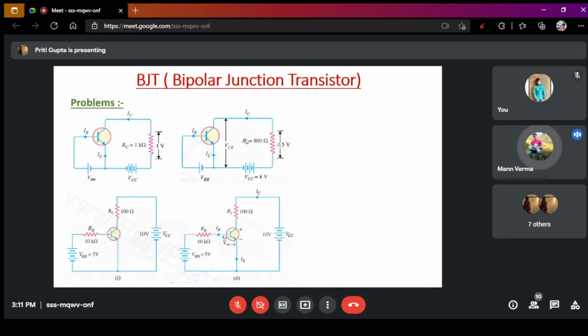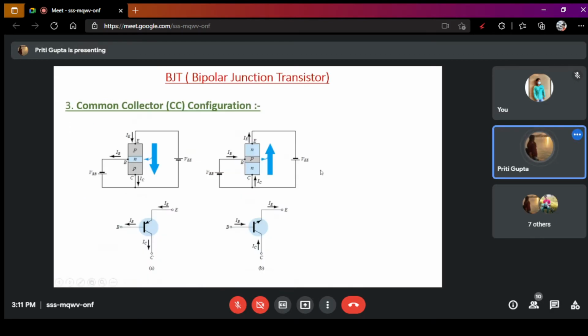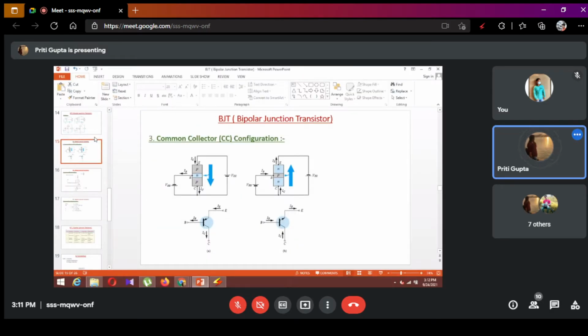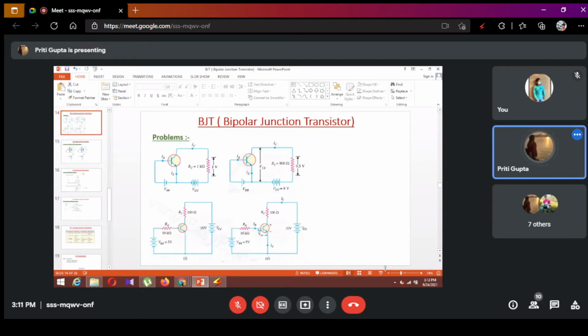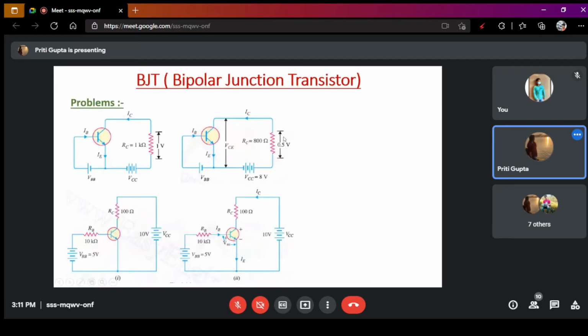Ma'am, can you remove the cursor? Yeah, sure. Sorry. Do you have anything today from 4 to 5?